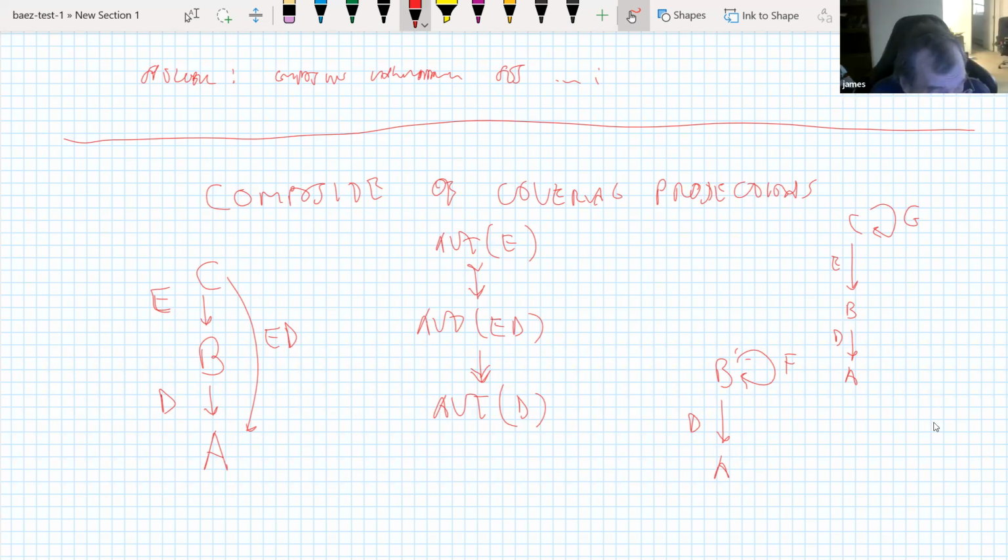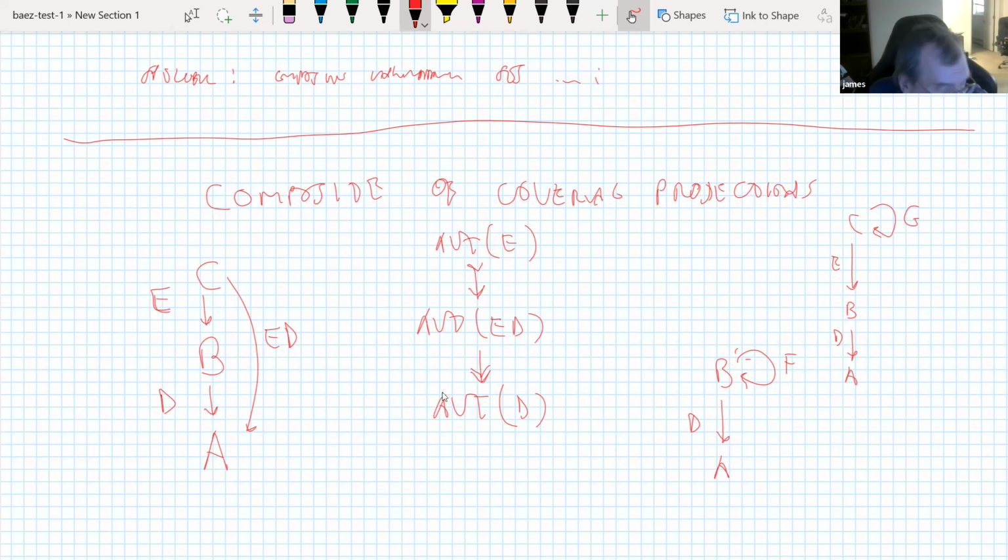Well, it's all to do with the fact that we're supposed to have a surjective homomorphism of automorphism groups here, and associated with a surjective homomorphism, there's a normal subgroup. So that's basically what's going on.